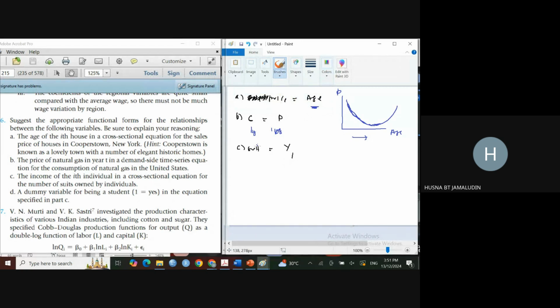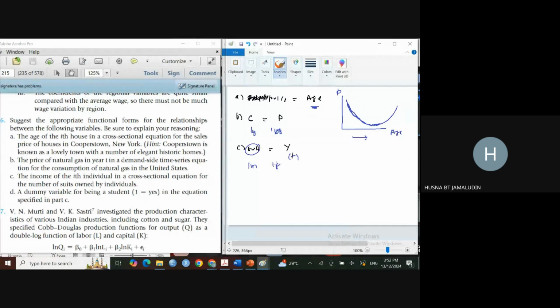This is just like a normal good. So what is the relationship? Positive. Now, you have the income, isn't it? You should know the functional form. What is it? It should be linear-log.